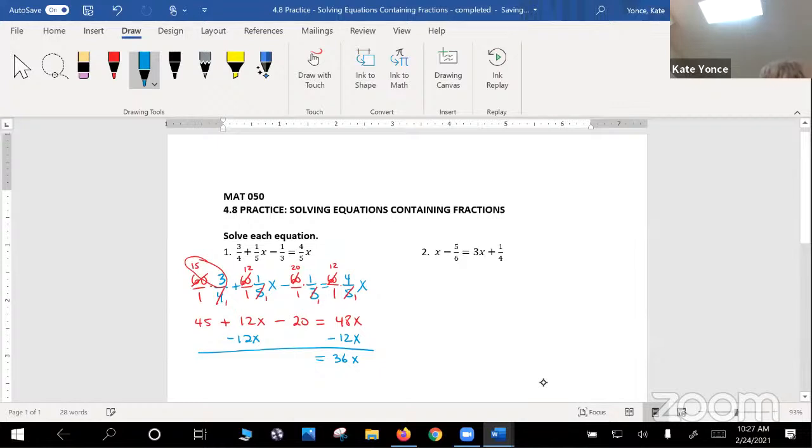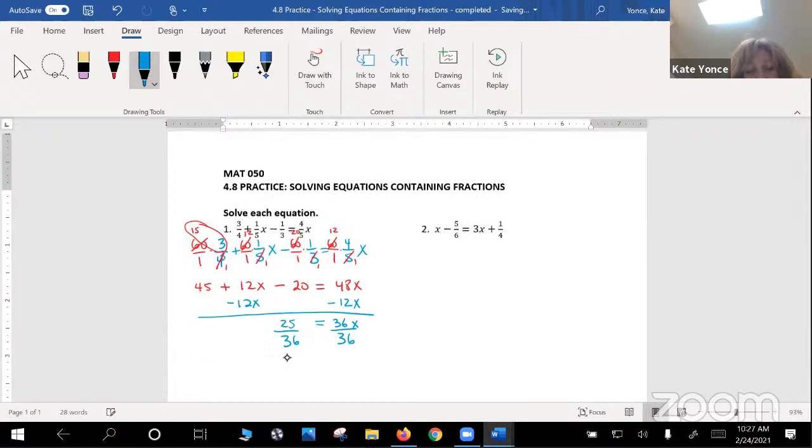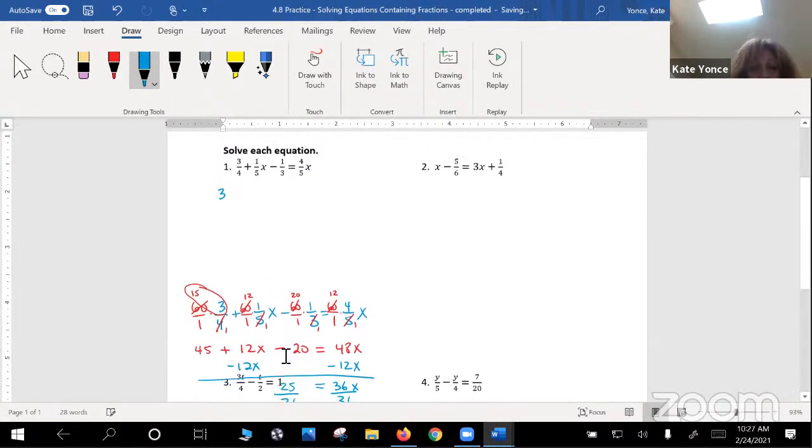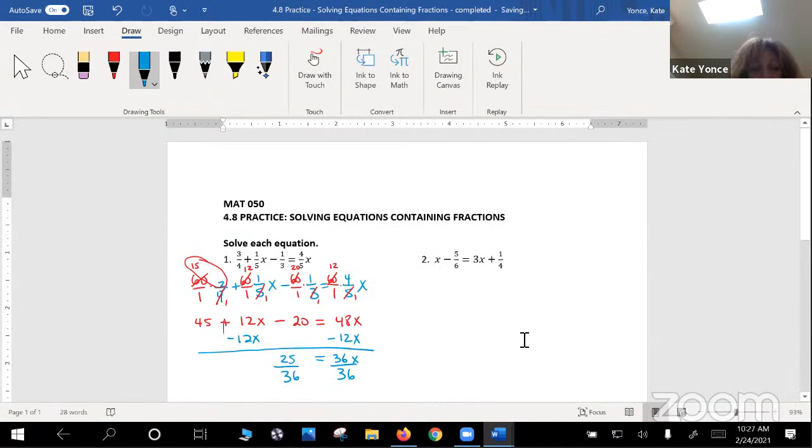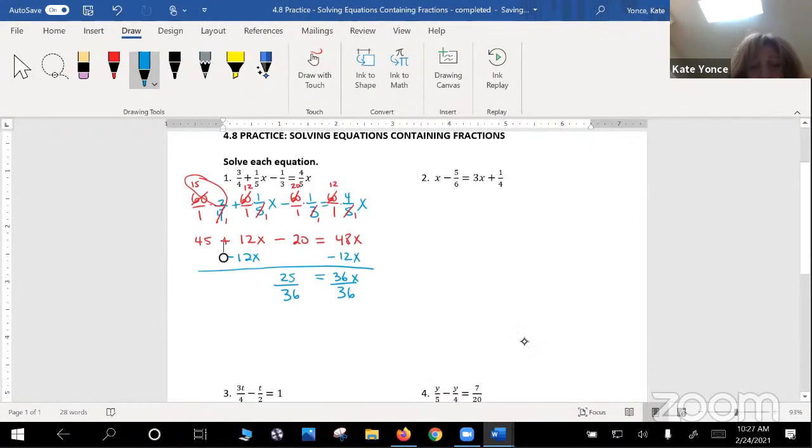Oh, you know what? You guys might be right. I think I have a mistake in my work when I made this worksheet. Just a second. Oh, I know. I think you guys are right. Yeah, I have a mistake on my worksheet. I'll fix that. Nice job, guys.